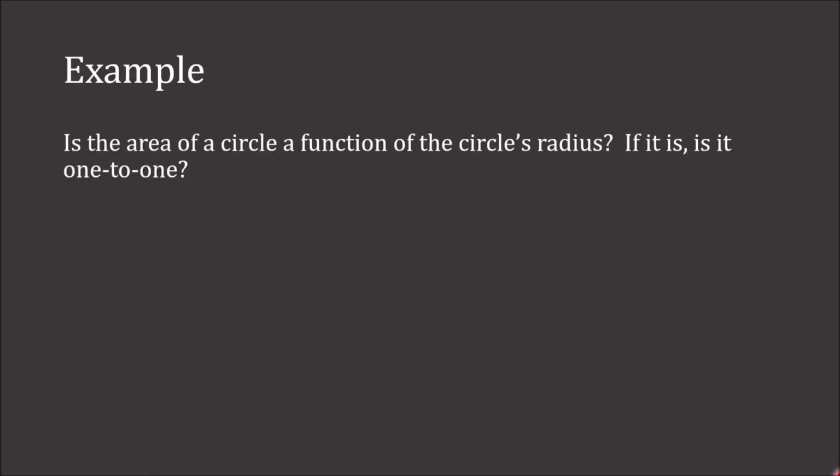We're going to look at the algebraic technique here. Is the area of a circle a function of the circle's radius? If it is, is it one-to-one? So, recall from geometry that the area of a circle is given as pi times the square of its radius.